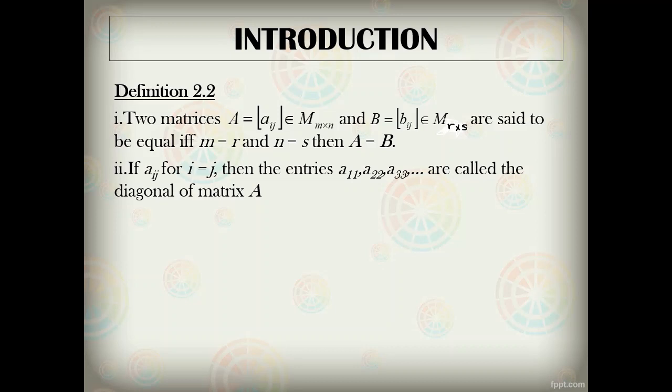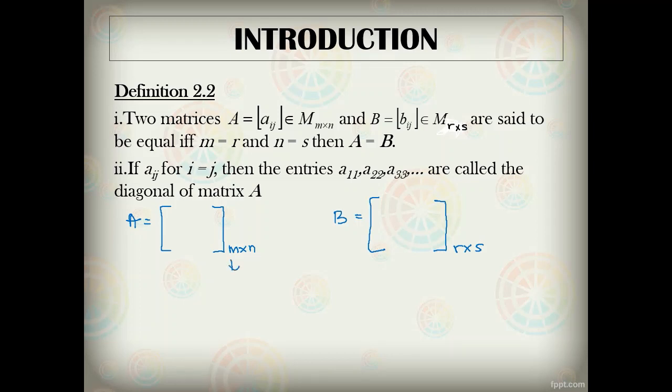Now let's say we have two matrices. We have matrix A, where matrix A is an m by n matrix, and we have matrix B, where matrix B is an r by s matrix.